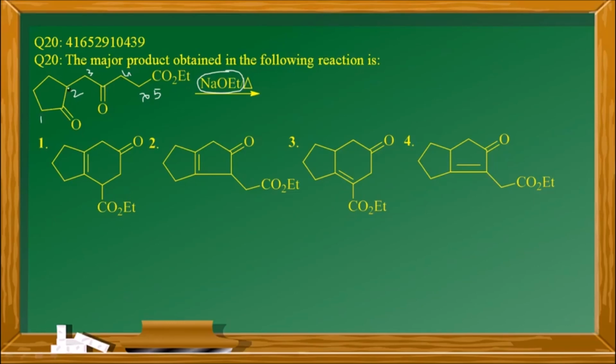Is there any chance to form with this alpha hydrogen? On this side there is only one carbon, and this is 3 carbon, so forming a 3 carbon chain is very tough. And here, is it going to form? It is also a 3-membered ring, very tough. Next, the remaining one is 4.